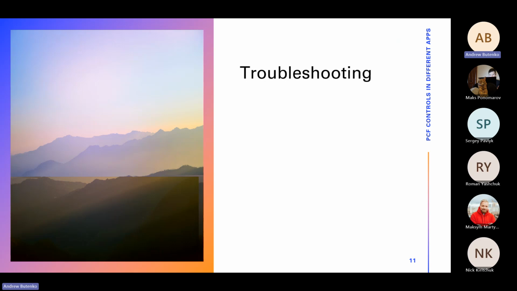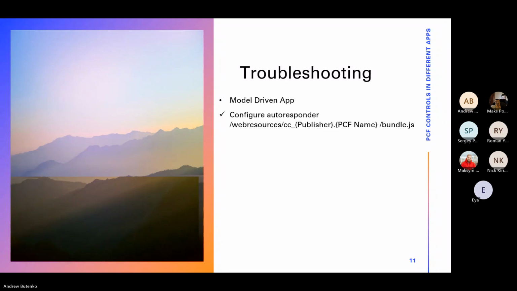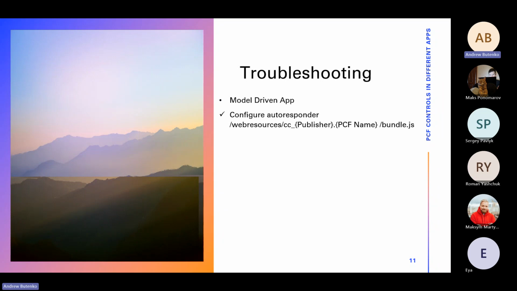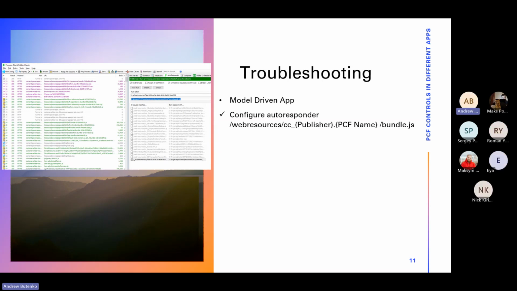So how to configure Fiddler for the model-driven app. All you have to do is configure the autoresponder, and this is the pattern that you will have to replace with your local bundle and bind it to it.